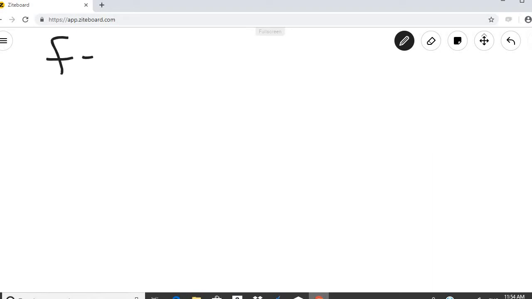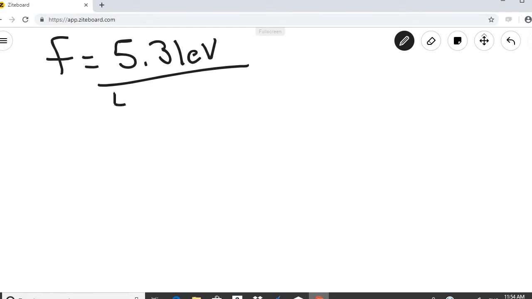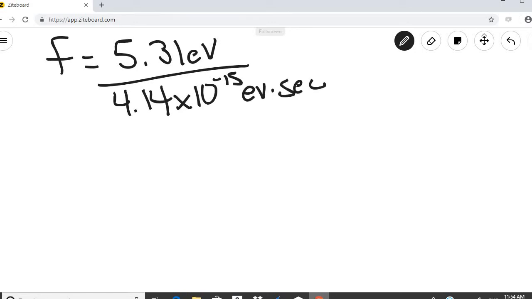So frequency is equal to 5.31 electron volts. I left the exponents off. Divided by 4.14 times 10 to the negative 15 electron volts times seconds.